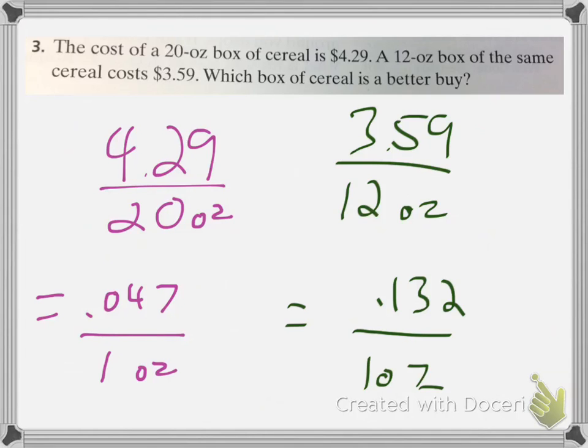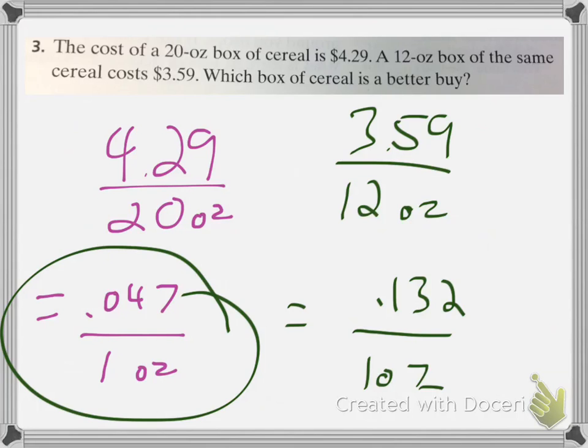So which one is a better deal? Well, this one, because it's cheaper than this one. This one's like 13 cents, and this one's like 5 cents per ounce. So obviously the $4.29 one for the 20 ounce is a lot better deal. And that's it, folks. We'll talk more about this in class.